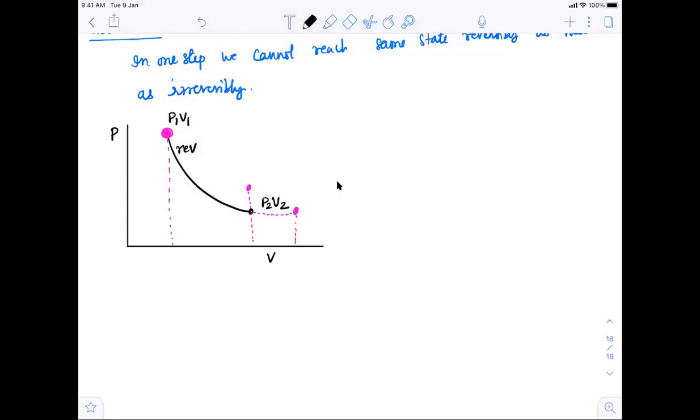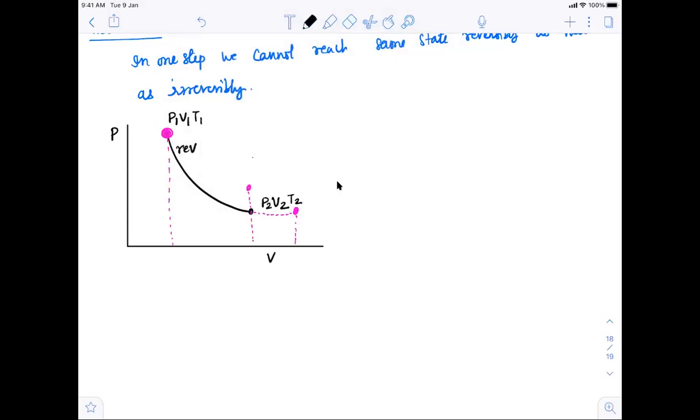Initially, if pressure and volume are given, let me assume the temperature is T1, and here the temperature is T2. So reversibly, you reach P2, V2, T2, but irreversibly with one step, you cannot reach this point. Either you will reach this point or this point.